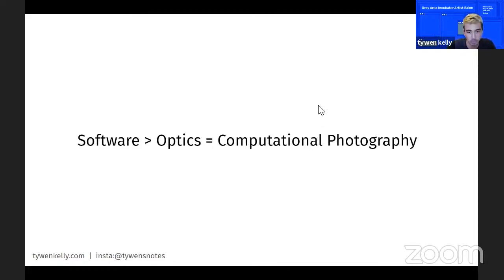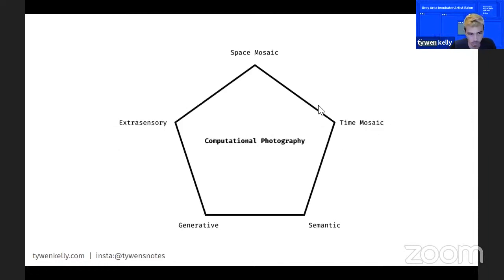So if you take an image with a DSLR or just a point and shoot digital camera, that for me is not really computational photography, because those cameras are designed to emulate their analog film counterparts. The CMOS CCD sensors are really just to emulate 35 millimeter film and just turn noise into a signal, right?